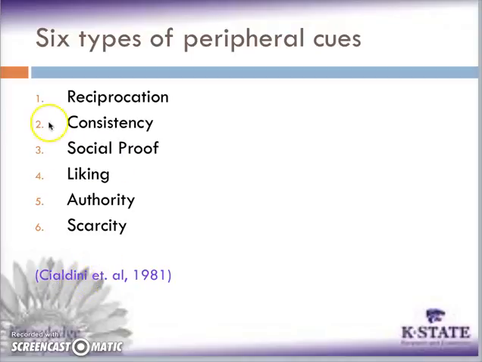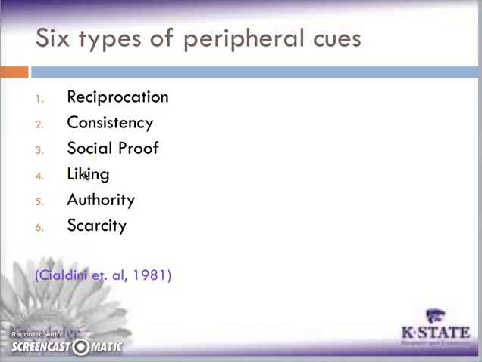Cialdini identifies 6 types of peripheral cues: reciprocation, consistency, social proof, liking, authority, and scarcity. Reciprocation describes a feeling of obligation to accept a message based on a previous experience. Consistency describes when one relies on thoughts and feelings they had in the past. Social proof is very similar to peer pressure.